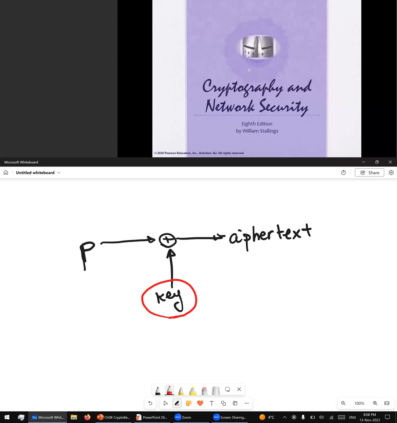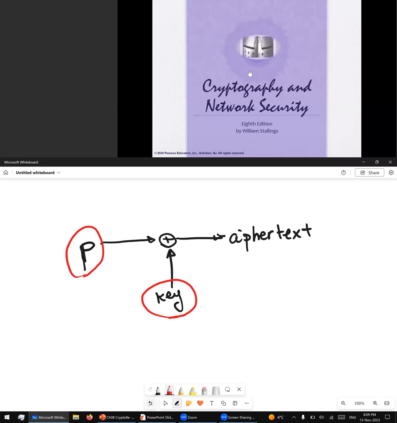And as you recall, in the previous lectures, I mentioned briefly that this key is supposed to be as random as possible, because this key is literally hiding all the information that you can have in your plain text.